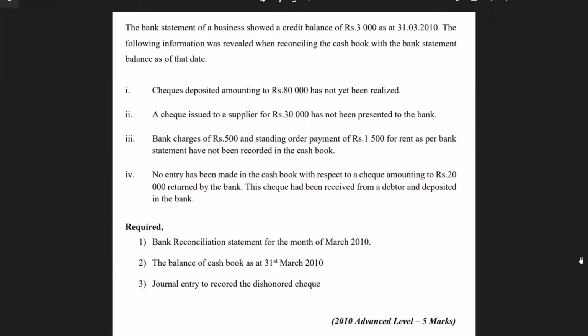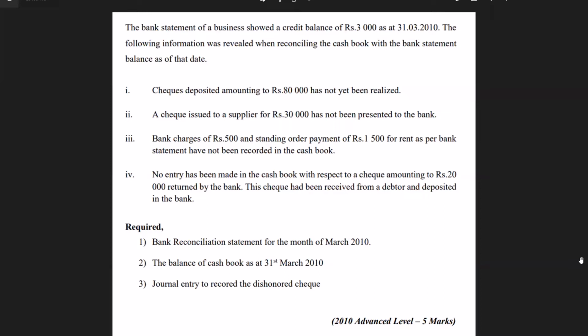The bank has already rejected it, but the business doesn't know about that dishonor. So the business has to adjust the cash control account. This one is also an omission. So number one and number two should be considered to prepare the bank reconciliation. Number three and number four should be considered to adjust the cash control account.